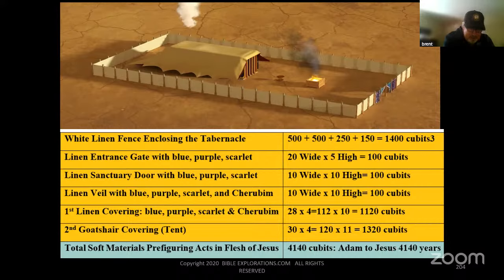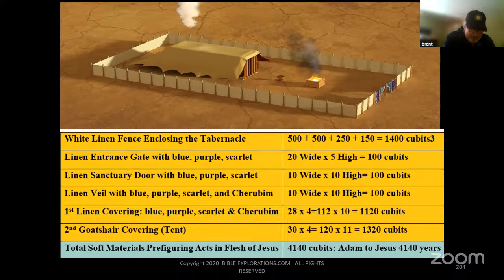So these coverings also match the prophetic timeline from Adam to Jesus, because what happened with Adam? As soon as he confessed his faith by pronouncing his wife's name Eve, meaning mother of all living, Jesus entered them into the covenant and covered their nakedness through what?